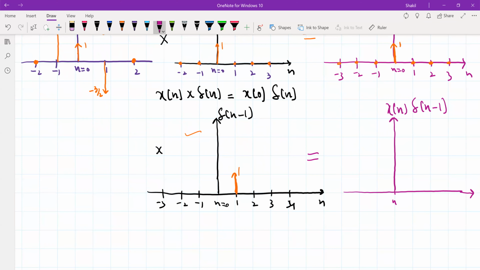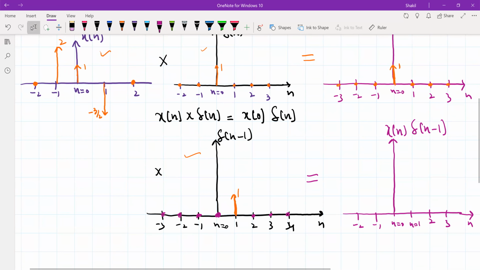This will be n equal to 0 point, n equal to 1, 2, 3, and so on, and minus 1, minus 2. When we multiply, see these sample points are zeros here. The rest of the sample points are zeros, right?